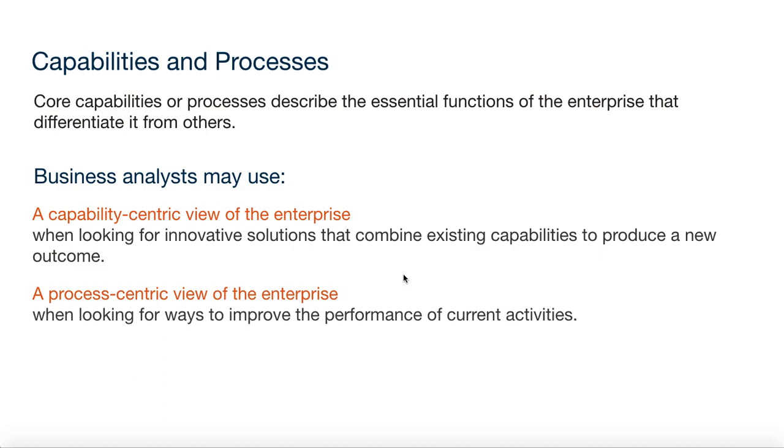Innovative solutions generally depend on the enterprise's capabilities, so at that time you would want to use a capability centric view. Now, if you are looking for ways to improve the performance or effectiveness of processes or certain activities, then you can use a process centric view of the enterprise. So these are ways in which you can look at the capabilities and processes.